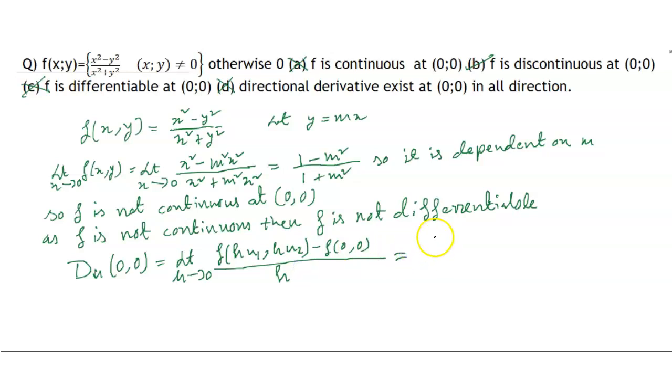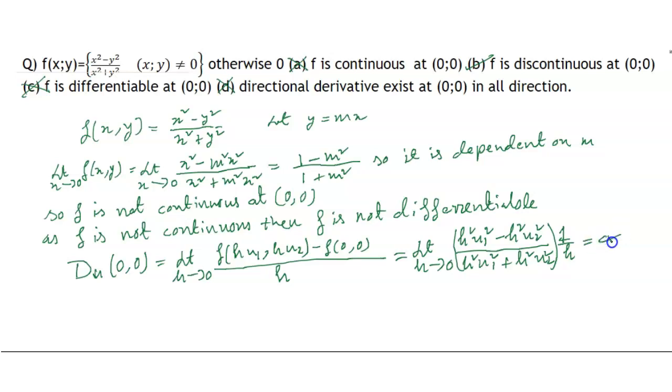So friends, whatever we get, the limit as h tends to 0 of h square u1 square minus h square u2 square by h square u1 square plus h square u2 square, divided by 1 by h.